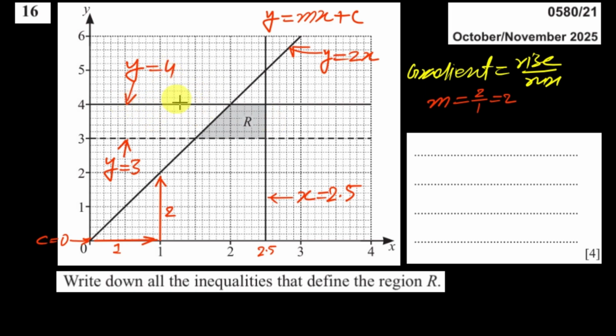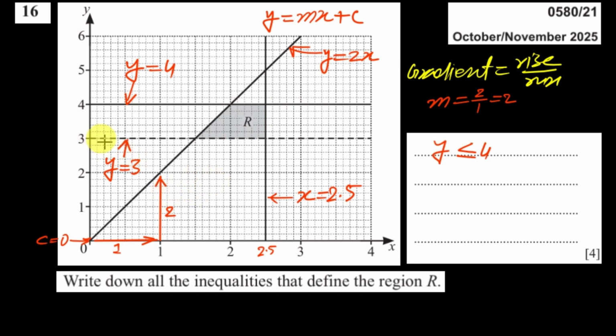And since this boundary is a solid line, we write y is less than or equal to 4, because the points on a solid line are also included. So the first inequality is y is less than or equal to 4, because this line is solid, not dashed or broken.